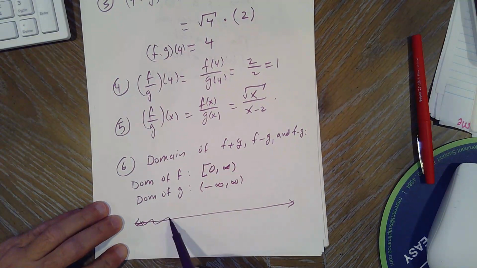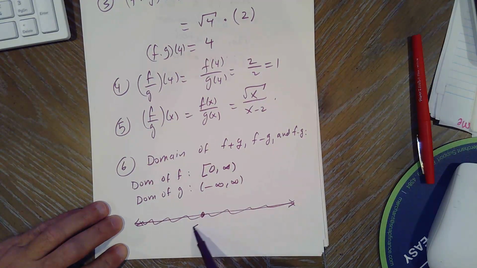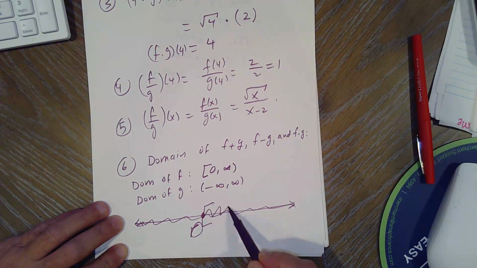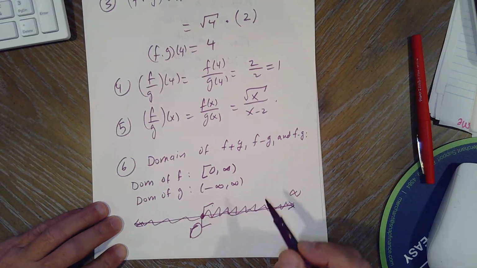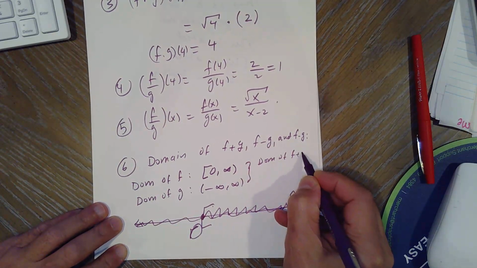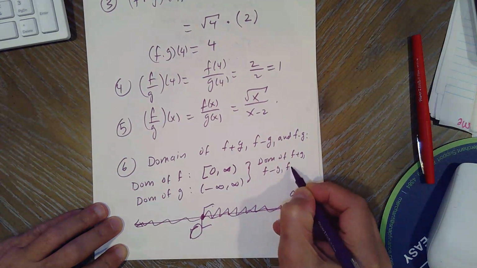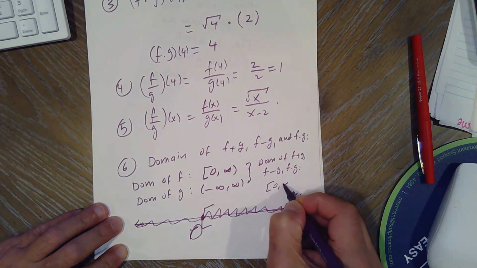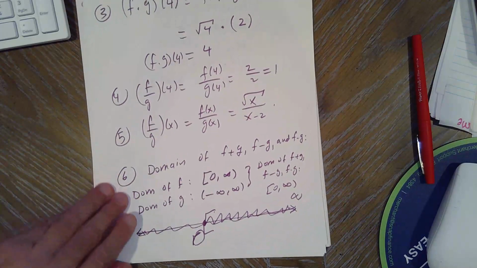g is all of this, and f is 0 to infinity, so you can see where they overlap, 0 to infinity. So the domain of f plus g, f minus g, f times g is 0 to infinity. Now, what's the domain of f over g?